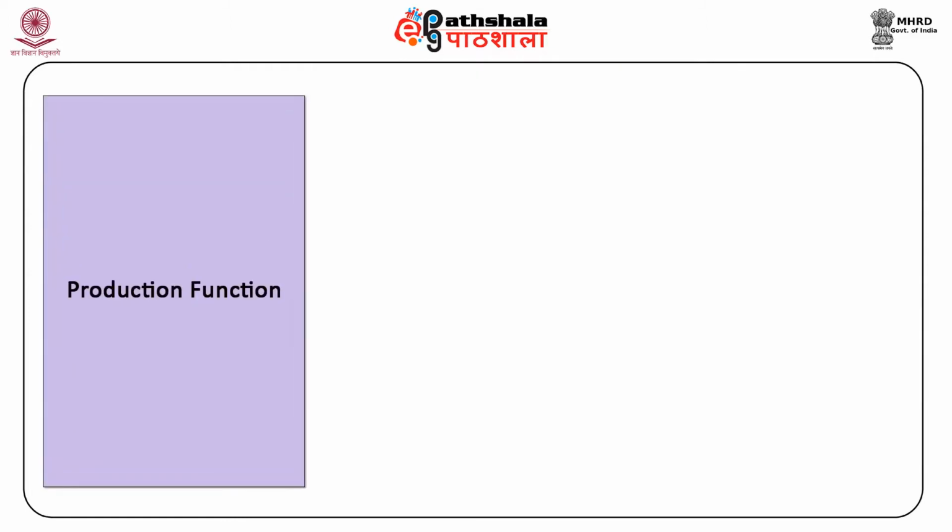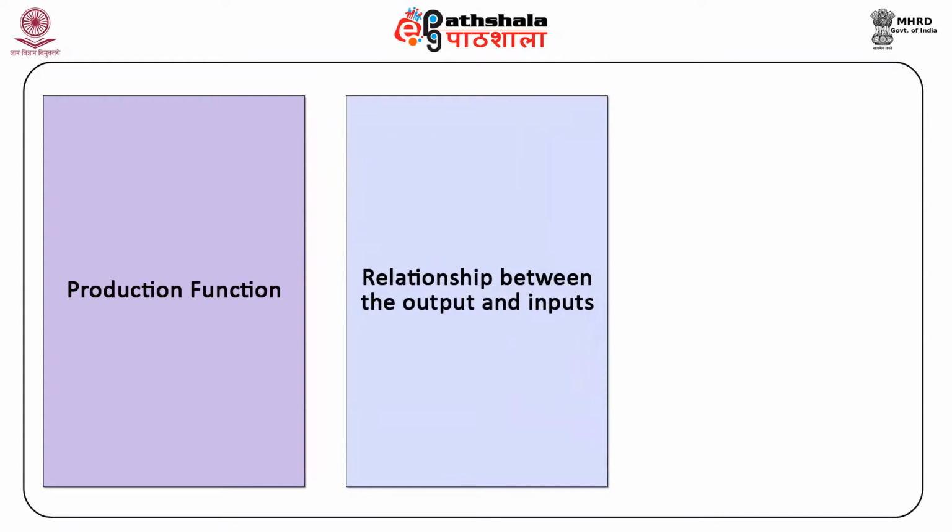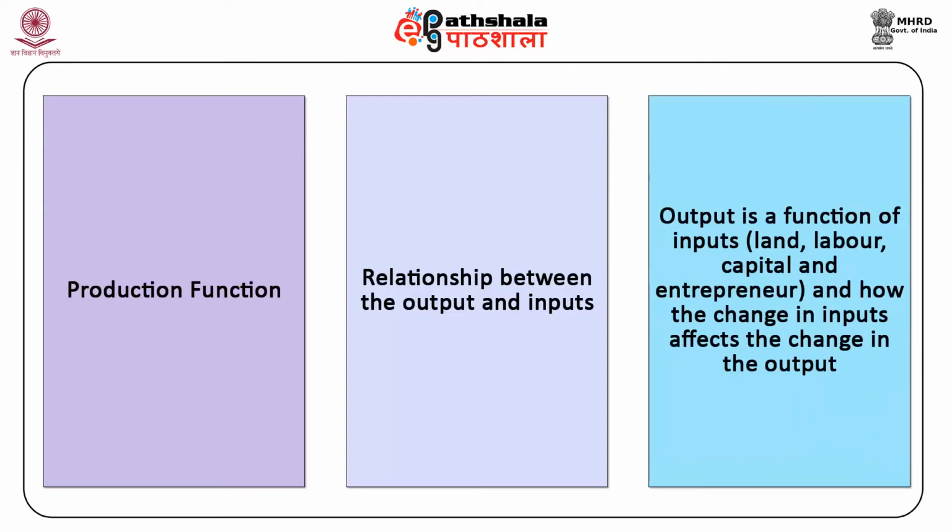Production function shows the relationship between the output and inputs. In other words, it shows that output is a function of inputs, that is land, labor, capital and entrepreneur, and how the changes in inputs affect the changes in the output.